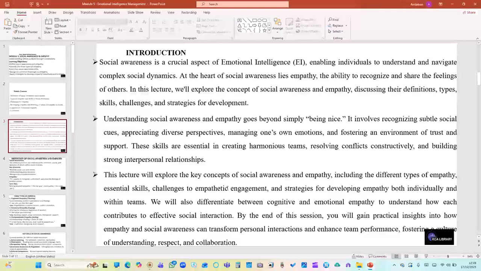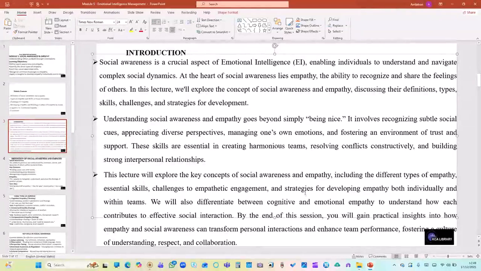This lecture will explore the key concepts of social awareness and empathy, including the different types of empathy, essential skills, challenges to empathic engagement, and strategies for developing empathy, both individually and within teams. We will also differentiate between cognitive and emotional empathy to understand how each contributes to effective social interaction.